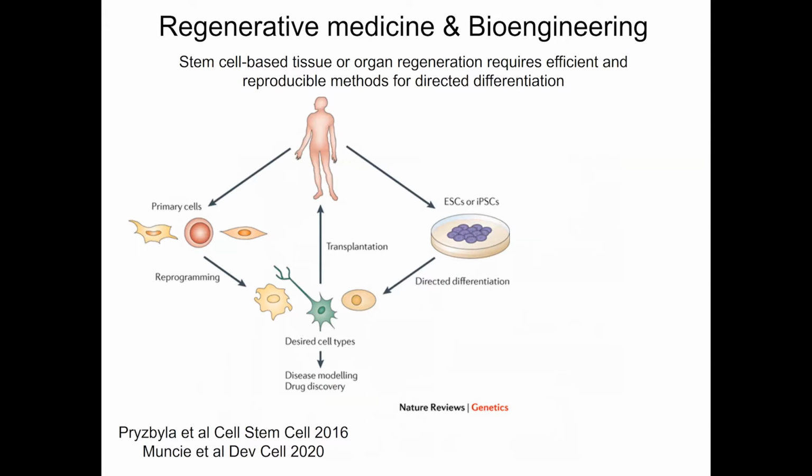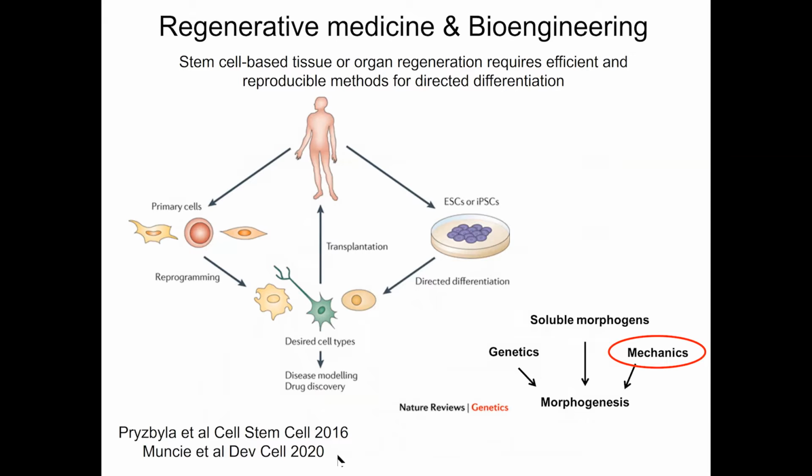And so we and others have, of course, included these concepts and used organotypic models and various different materials, and incorporated the idea of mechanics as well as soluble factors and genetic factors when we're, for example, trying to understand tissue engineering.